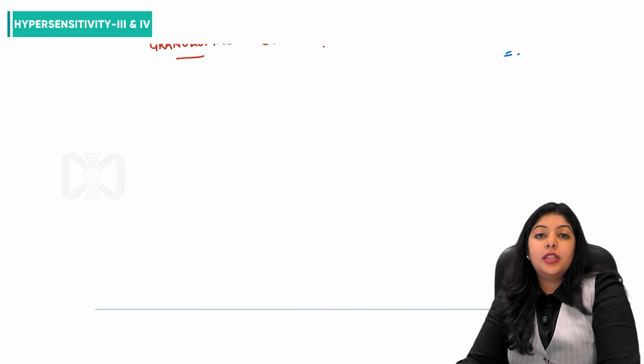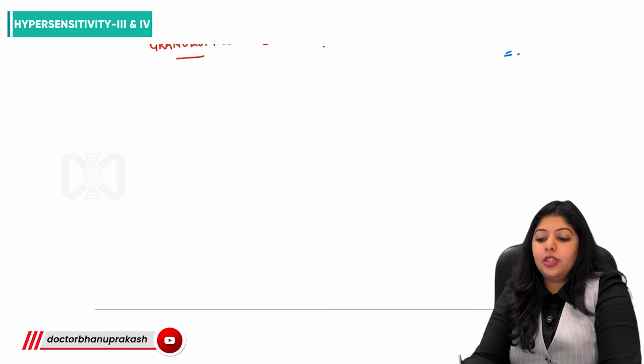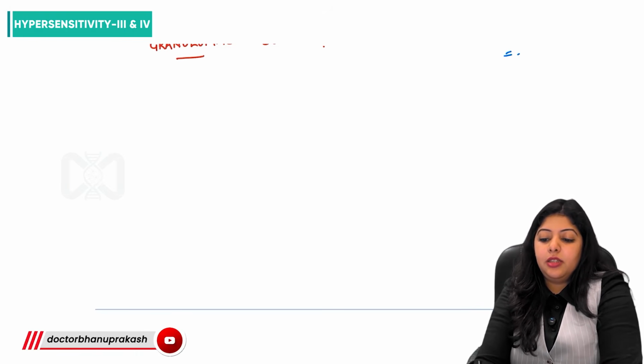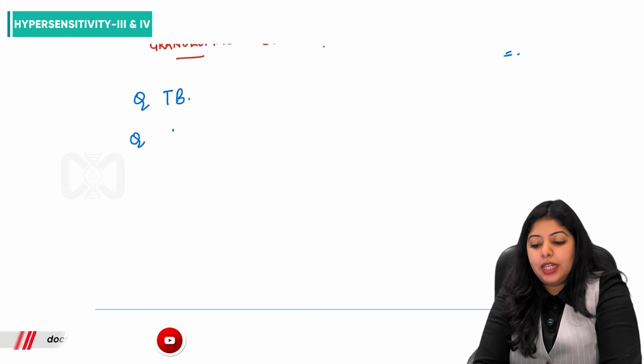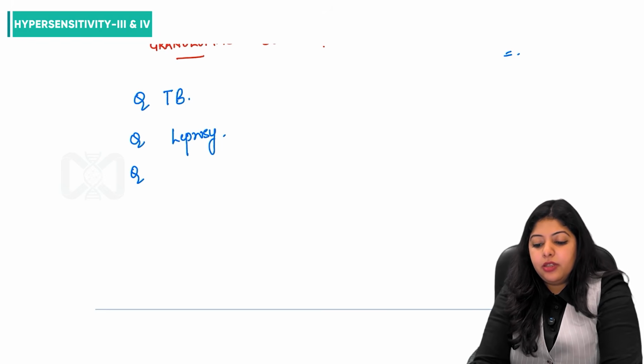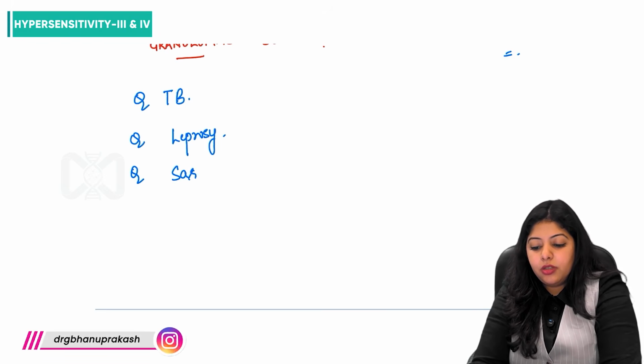So what are these granulomas? In what conditions can we spot these granulomas? These can be found in tuberculosis very well. These can be found in leprosy. These can be found in sarcoidosis, right?